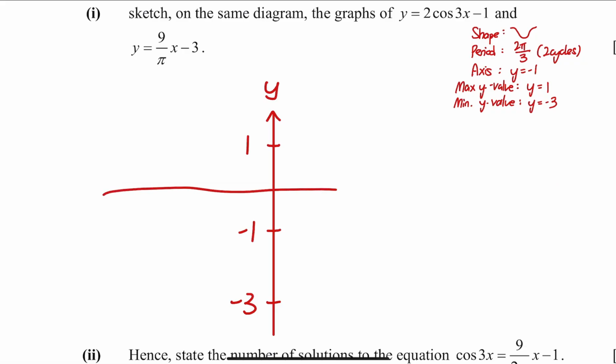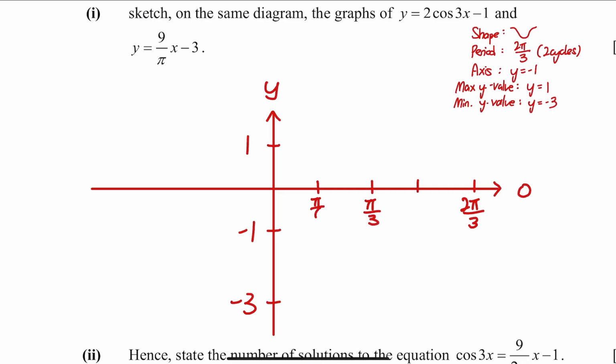Let's draw it like this. This is my x-axis. Then from here, I can mark the period 2 pi over 3. This is one cycle. The graph goes until 2 pi over 3. So I can split this into 4 quadrants. Remember, one period is split into 4 parts: 1, 2, 3, 4. This is 2 pi over 3, pi over 3, pi over 6.